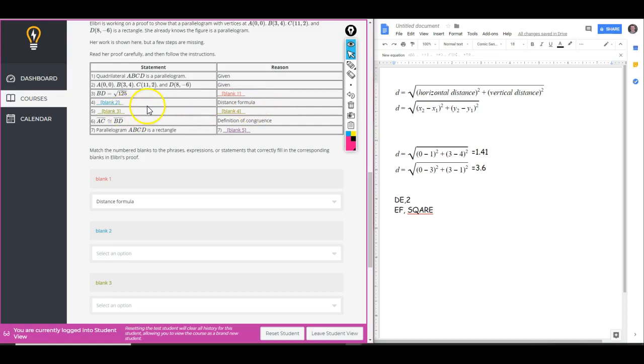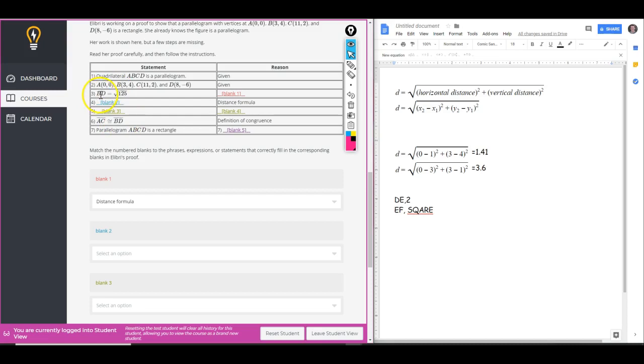So I'm going to be looking for a distance, and I'm scanning through this to give myself an idea of what a distance is. And if you notice in statement 6, it has segment AC is congruent to segment BD.